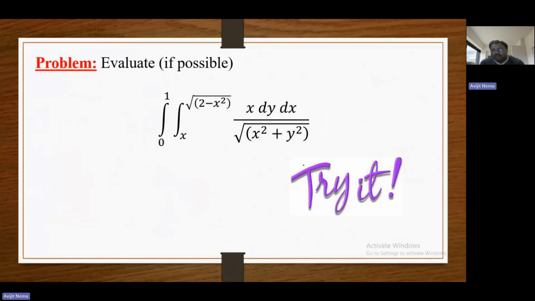But to find the double integration value, change of order of integration is a very, very important technique, because sometimes we can't find the value of the double integration due to the complexity of the integrand, but with the help of change of order, we can easily find that value.